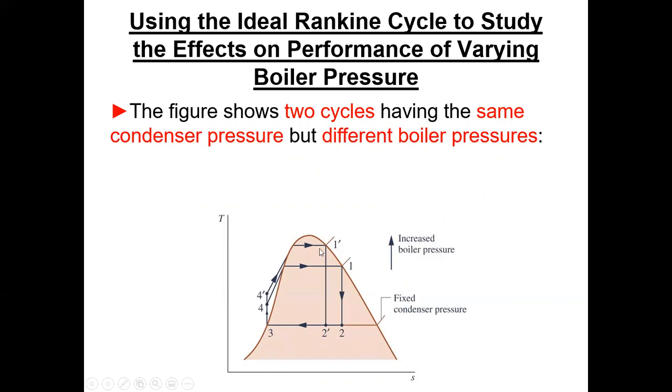And now we've gone up in boiler pressure, so this is a higher isobar up here. So now we're going to operate from 1 prime to 2 prime, from 2 to 3, from 3 to 4 prime, and 4 prime to 1 prime.